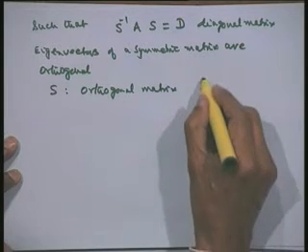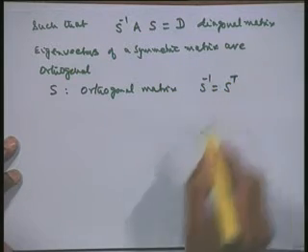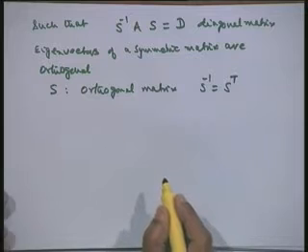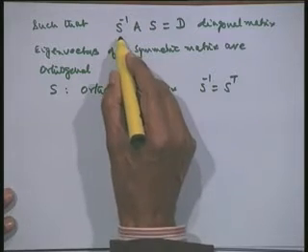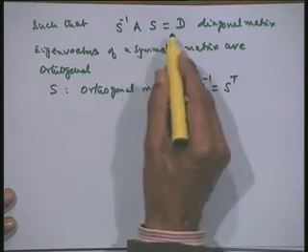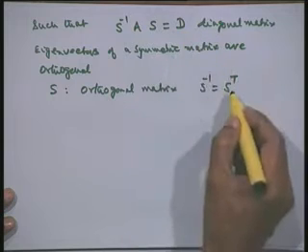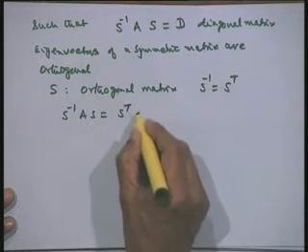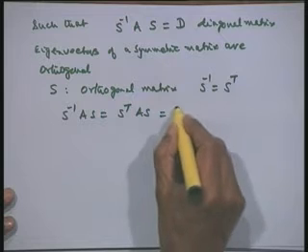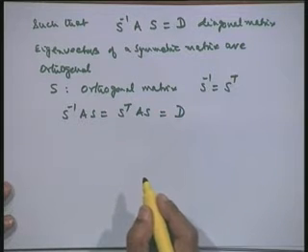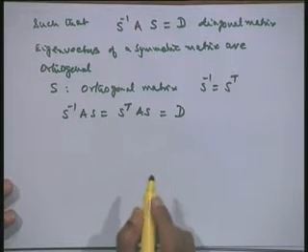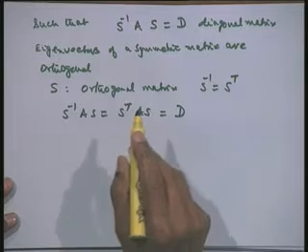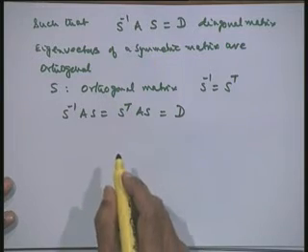That means S inverse is equal to S transpose. Therefore, the similarity transformation that brings A to D will be S inverse A S, which is the same as S transpose A S, and that will be equal to D. This is the fundamental property of the eigenvalues of a symmetric matrix.